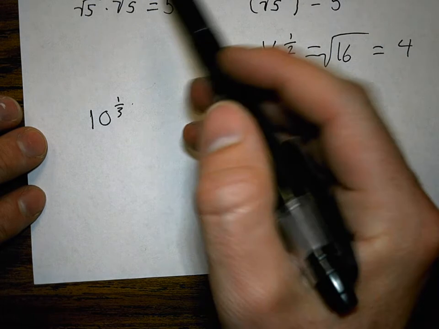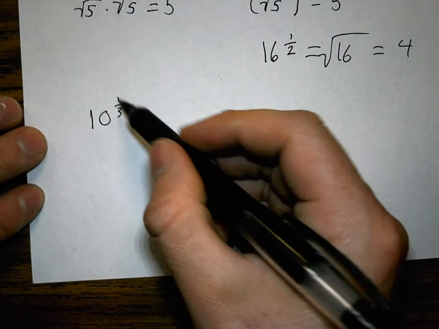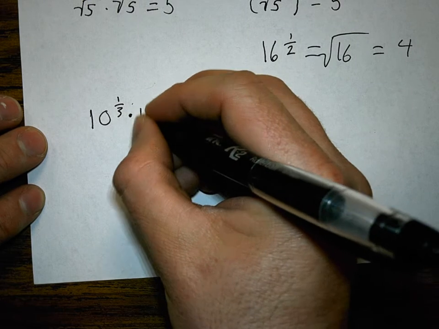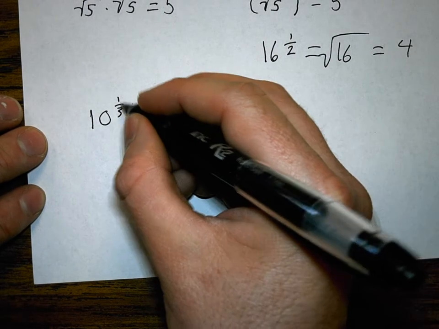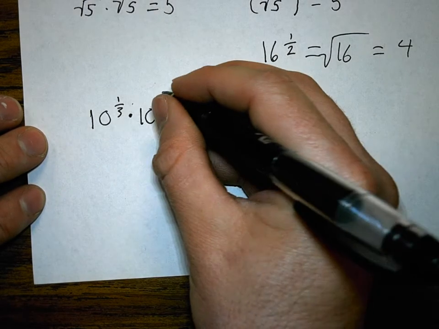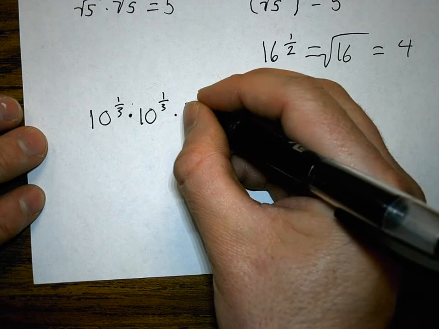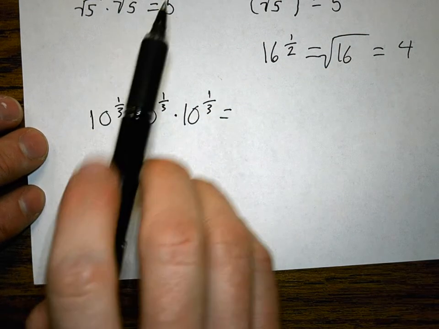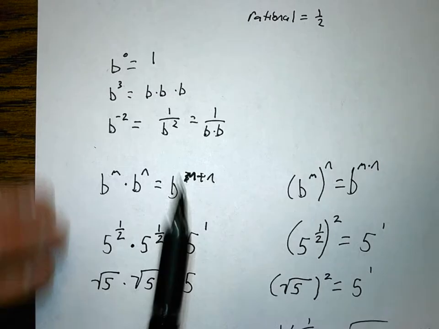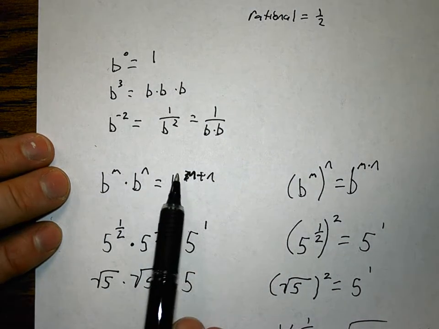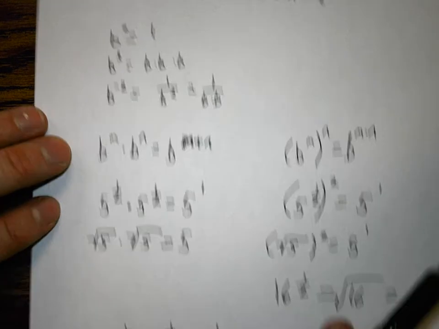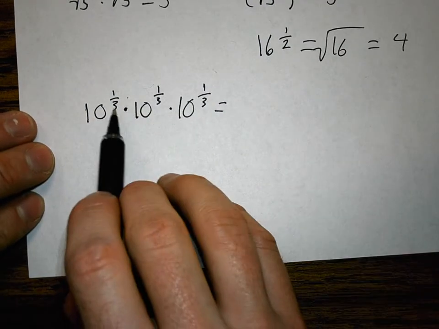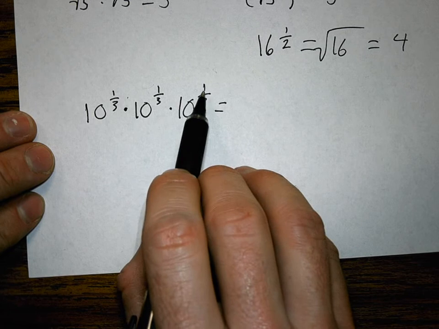I'm going to use the product rule to figure out what 10 to the 1/3 power is. Well, I have one 10 to the 1/3. I'm going to multiply it by 2 more. So the product rule here, if I'm multiplying the monomials, we're going to add these powers together. 1/3 plus 1/3 plus 1/3.